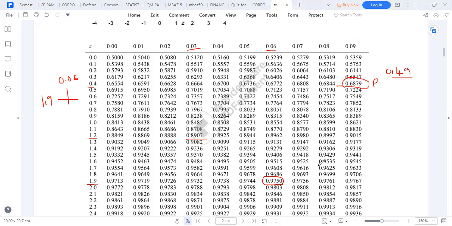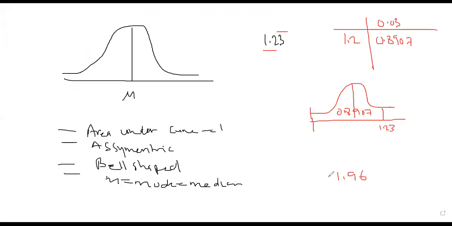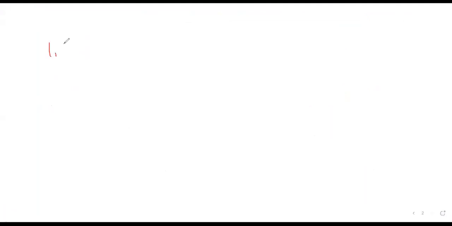Sorry, are you able to demonstrate again on the curve? Just maybe two more. The way we found for the first one, the 1.23. So 1.96, how do we read 1.96? So we read 1.9 here, then here 0.06 where they are meeting here.